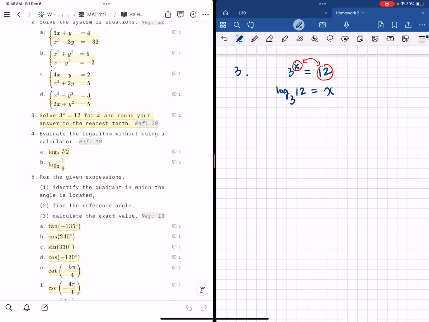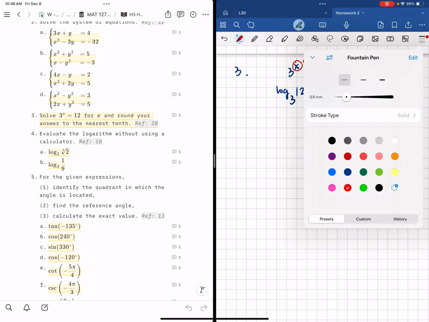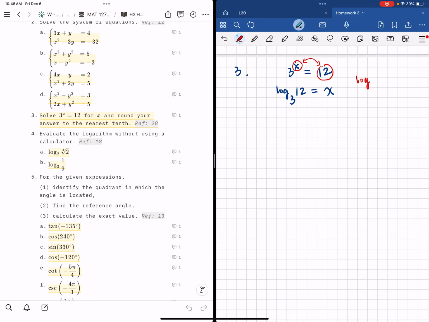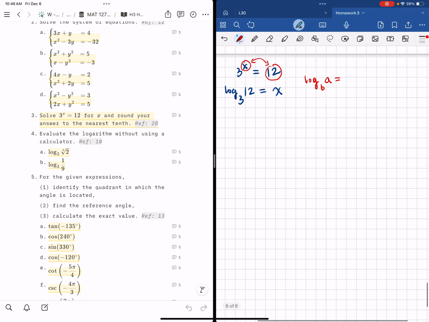And you just use your calculator. On your calculator, if you have log base 3, then you could do that. But I know that most of your calculators don't have log base 3. That means you have to use the change of base formula. Right, so the change of base formula: log base b of a is equal to, you could change it to one of those 2 logs that you have on the calculator.